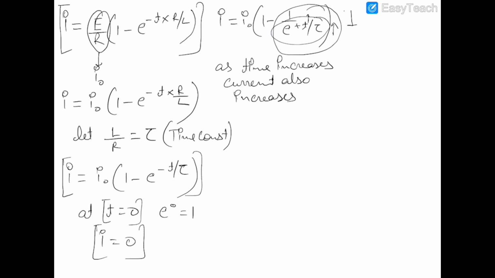And the most important thing, that any exponential growth is completed till infinite time. So at t is equal to infinity, you can see that I will be equal to I naught, because at t is equal to infinity, this term would be infinity and 1 upon infinity would be 0.